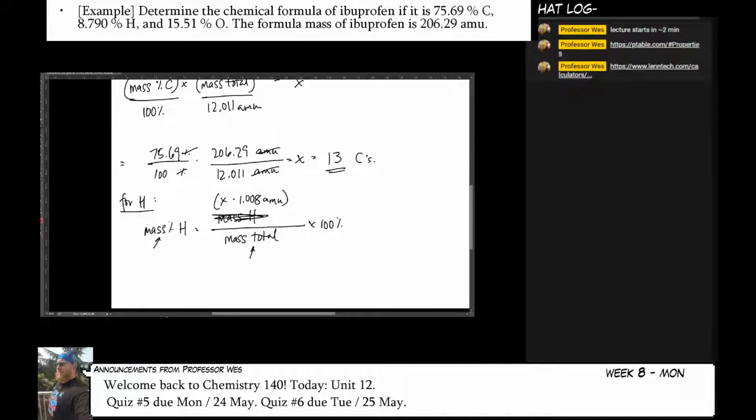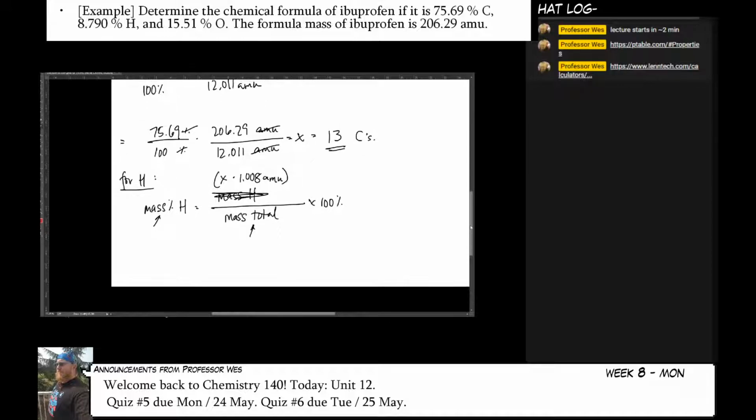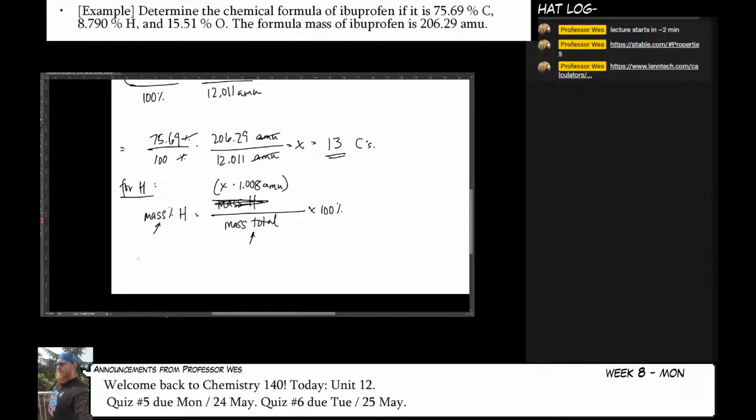All right, let's go over the answer here. So for hydrogen, we're going to set up the problem just like we did for carbon up at the top there. So there's my algebra. I just rearranged it. The mass of H was, according to the problem statement, 8.790%.